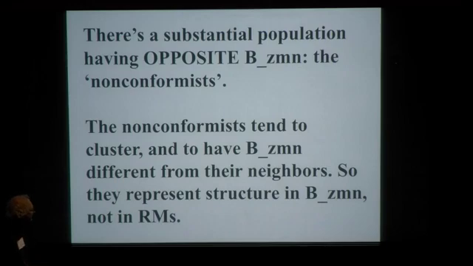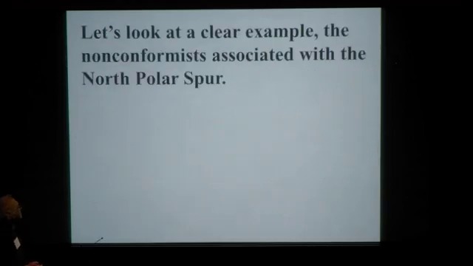I try to be as nonconformist as possible. That's why I work in the business of measuring Zeeman splitting. So let's look at a map of these points, and in particular, I want to look at them associated with the North Polar Spur.